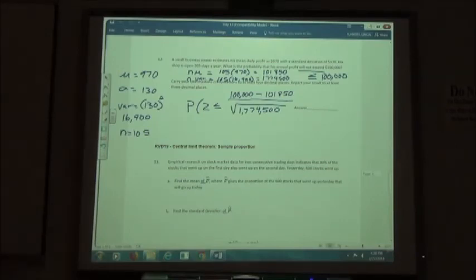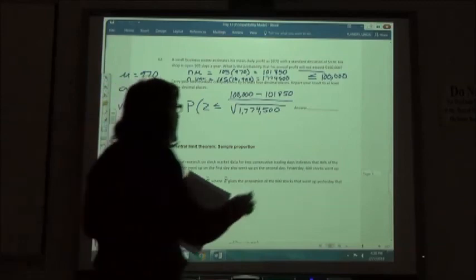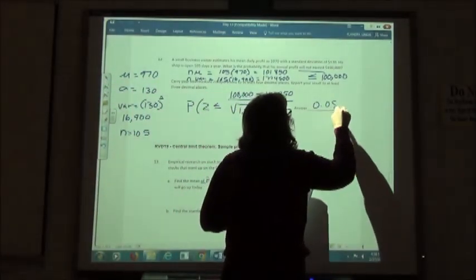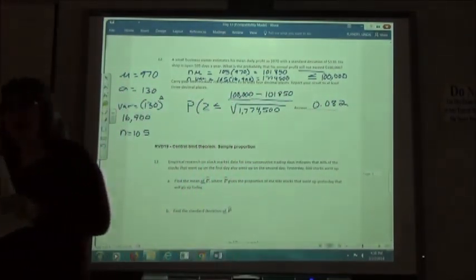And again, we're rounding to 3 decimal places, so 0.082. Yep, 0.082.